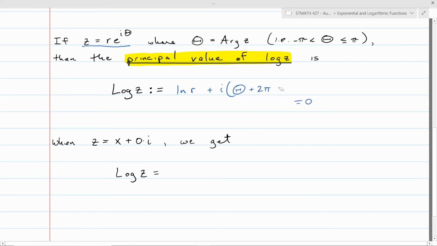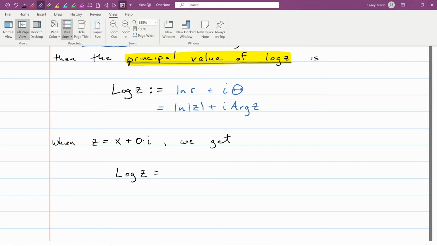And so that gives us just i times that capital theta. Capital theta there is just the principal argument. So we could rewrite this in the form natural log r, where little r is the modulus of z, plus i times the principal argument of z. It's a nice way to look at that.